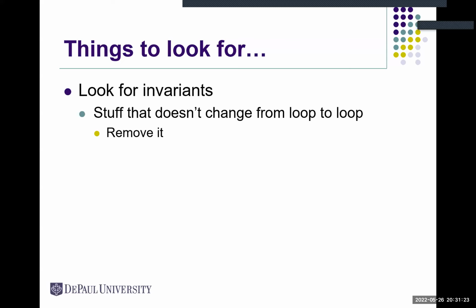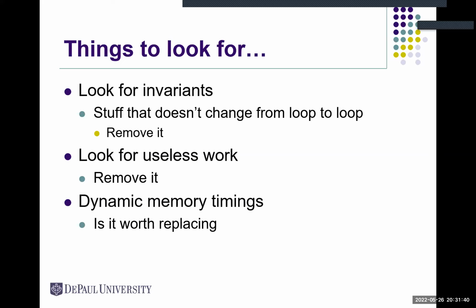Look for invariance. If you have something in a for loop and it never changes based off of the index or the count of the loop, remove it out of the loop. Look for useless work. So this one has some work that's kind of dumb and stupid. It's there to kind of give you something to do this stuff.